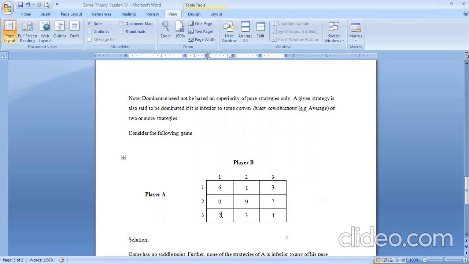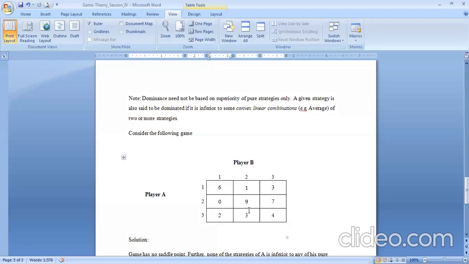Say for example, suppose no rows and no columns are comparable here. Then in such a case you need to check whether the average of the second and third column can be compared with the first column. That is 0 plus 2, the average of these is 1, compared with 6. 6 is greater than the average of these two.